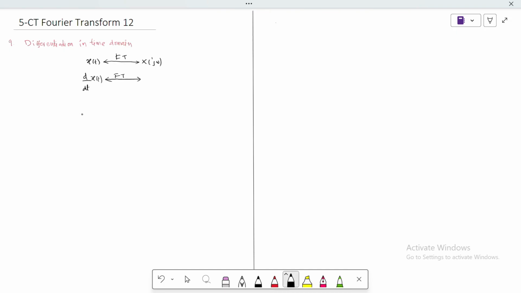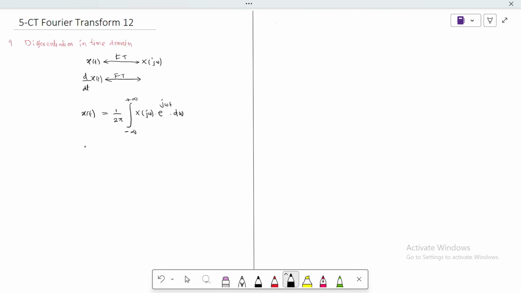The inverse Fourier transform: x(t) equals 1 by 2π integral from minus infinity to plus infinity of X(jω) e^(jωt) dω.